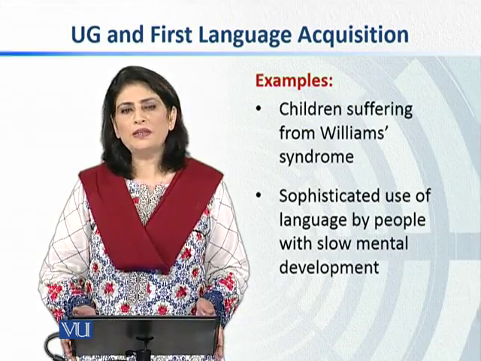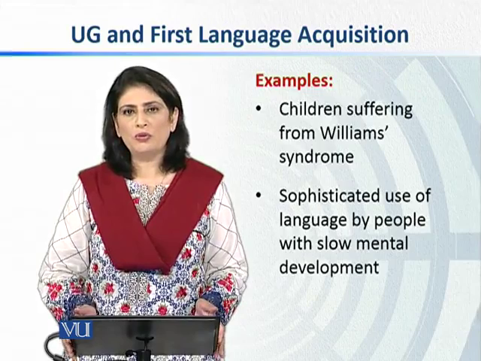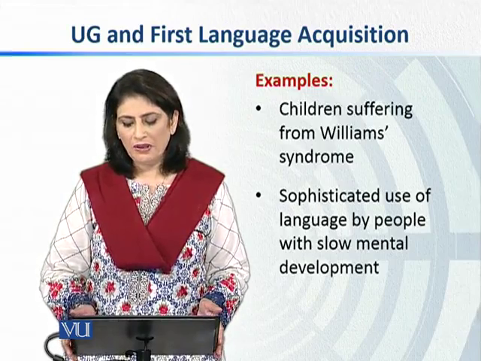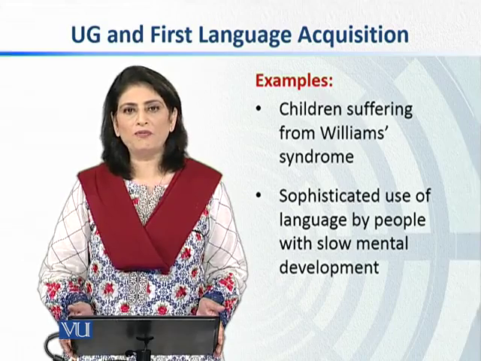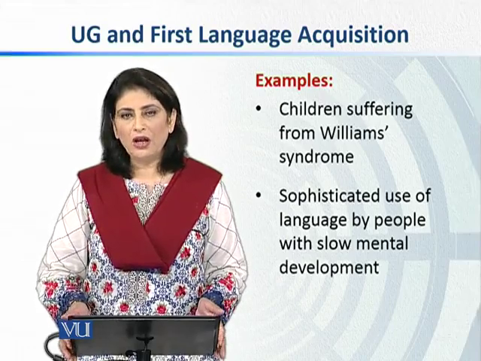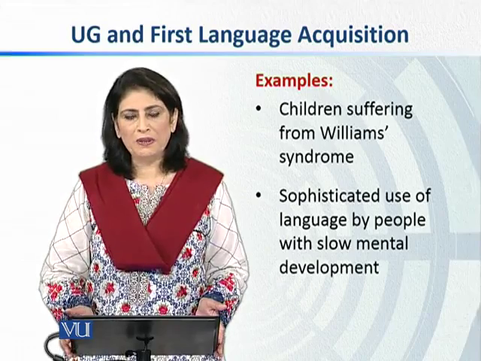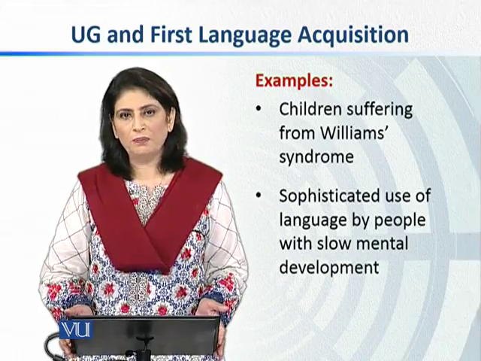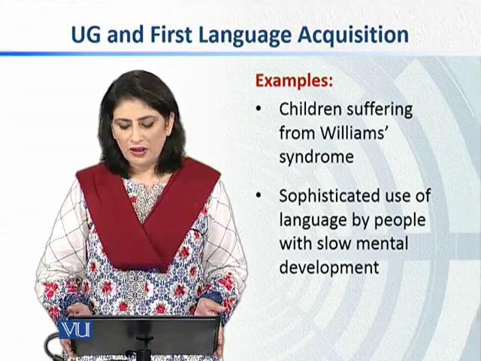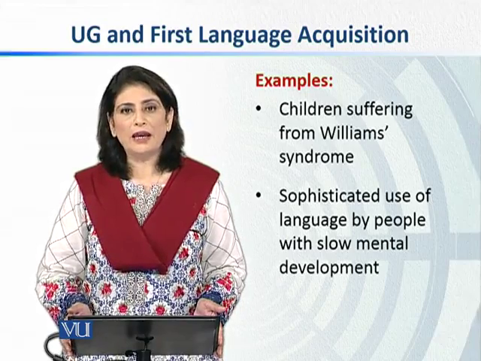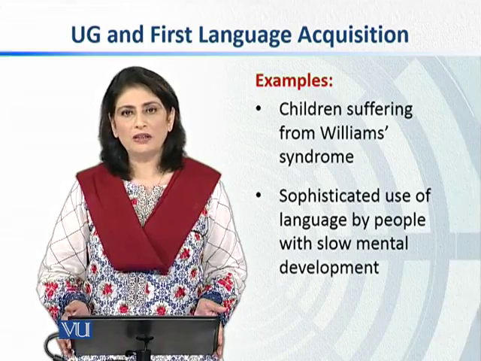If we want an example to explain what we are saying, we have this example of children suffering from Williams syndrome. Now, in this problem, which is a cognitive problem, children use sophisticated language and complex structures in the language.